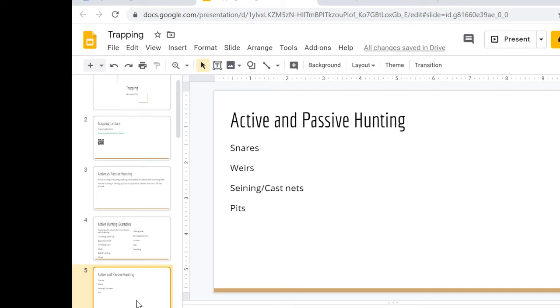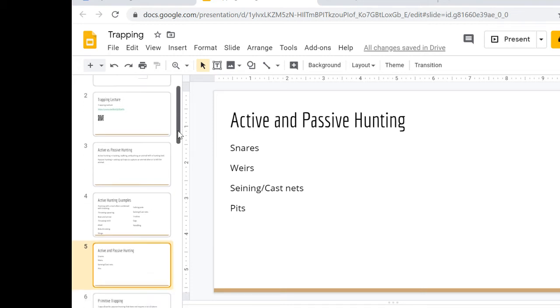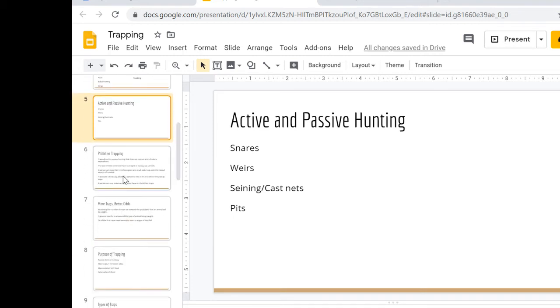And then pits, just digging a pit, running an animal towards that pit, can be used to capture animals, especially small pigs. You dig it deep enough. Pigs aren't really good at climbing, and as long as you've got good right angles on your trap, you don't want any kind of angle where they can run up it and attempt to jump out.